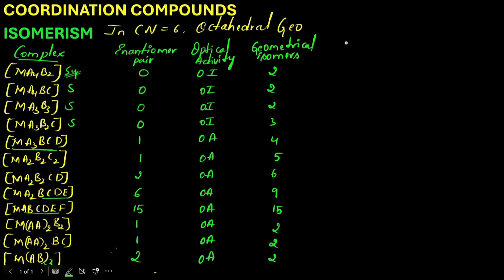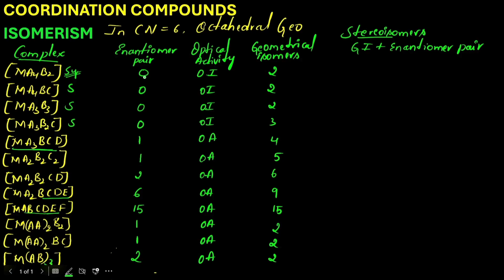Now we will write the possible stereoisomers for the complex that we have taken here. Here you can calculate the number of stereoisomers by adding the number of geometrical isomers plus enantiomer pair.